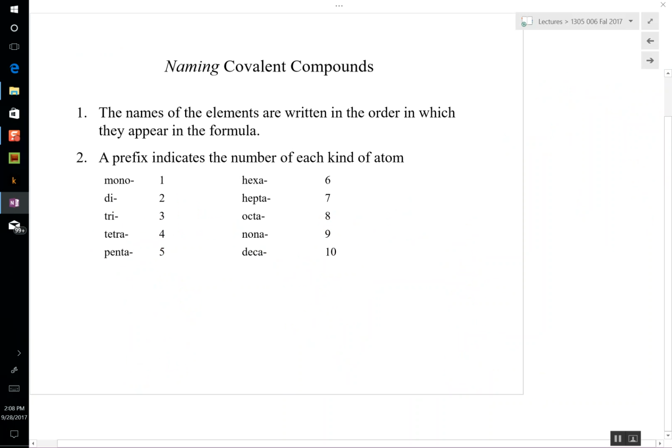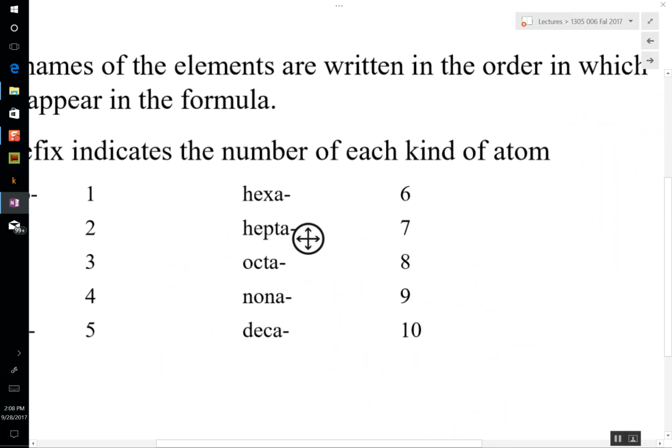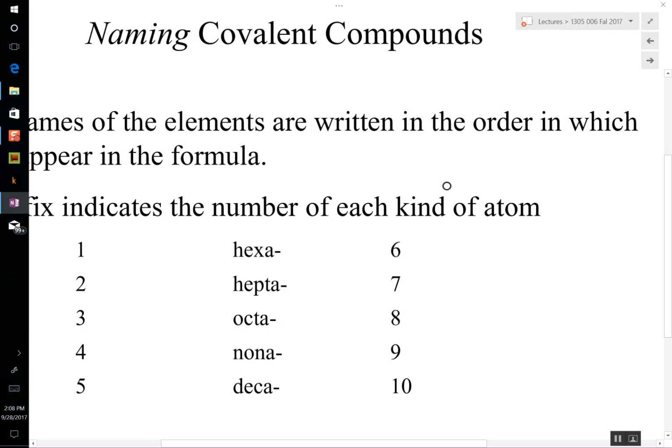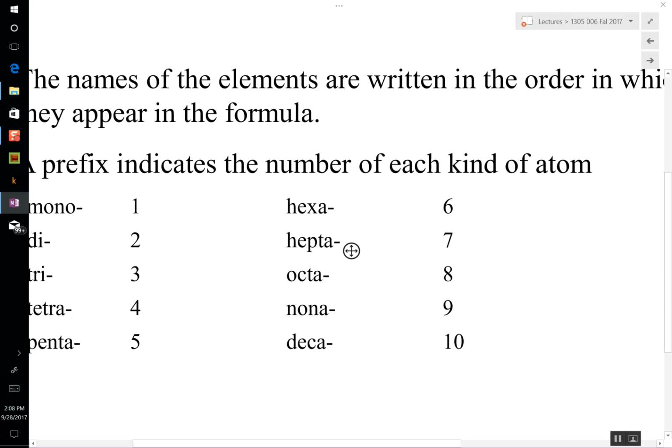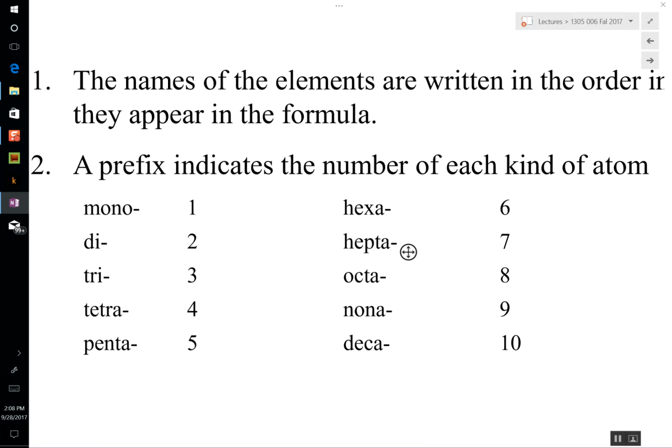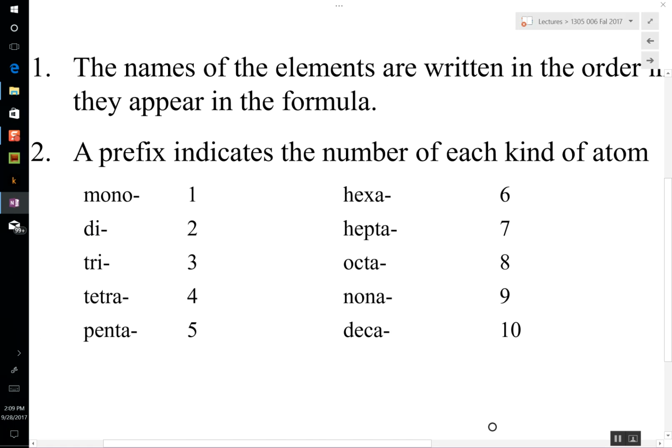And I shouldn't say, I didn't come up with this. So what chemists have come up with is we're going to use these prefixes to indicate how many of the different atoms we have in a covalently bound molecule.